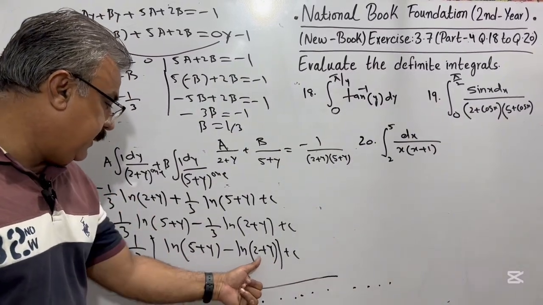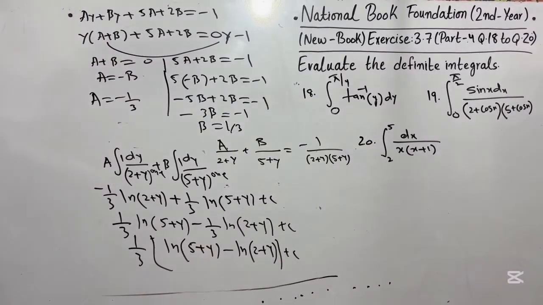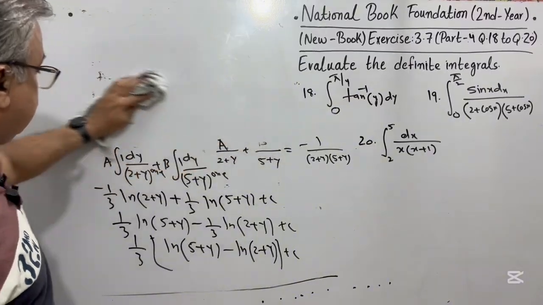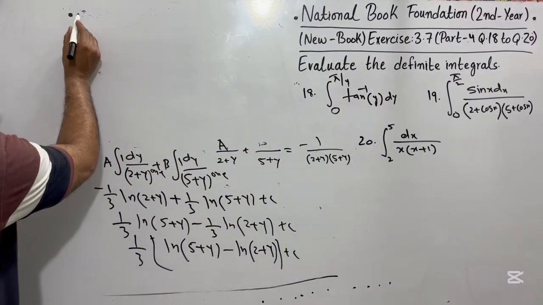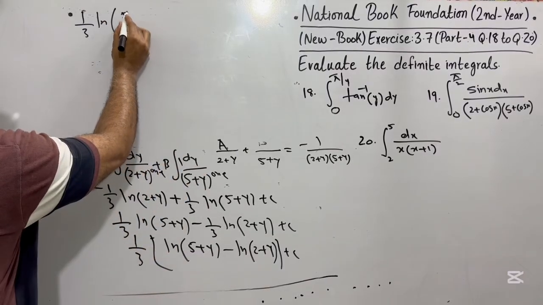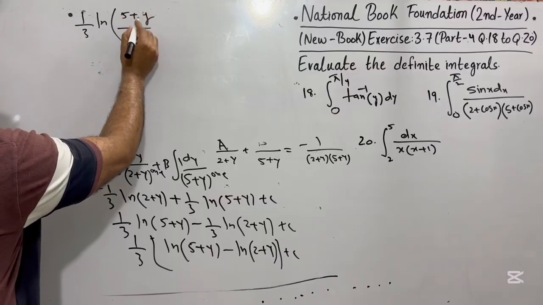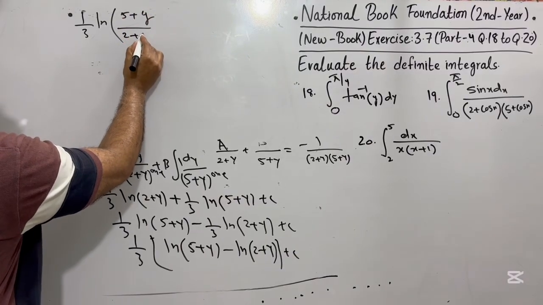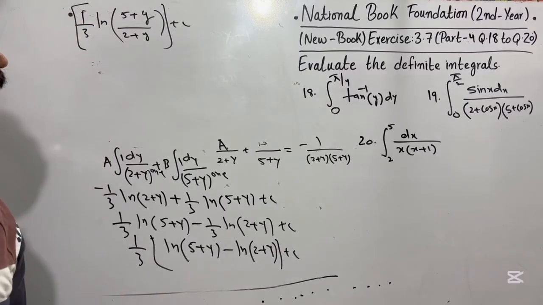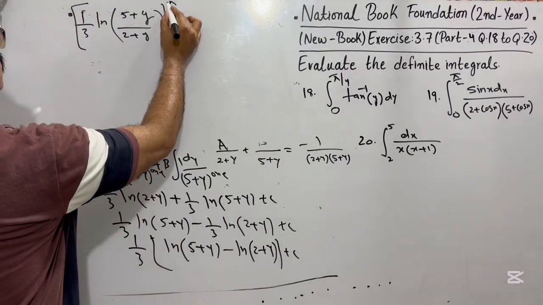ln A minus ln B can be written as ln of A over B. So 1 over 3 ln of (5 plus y) overall divided by (2 plus y) plus c, and the limits are 0 to pi upon 2.